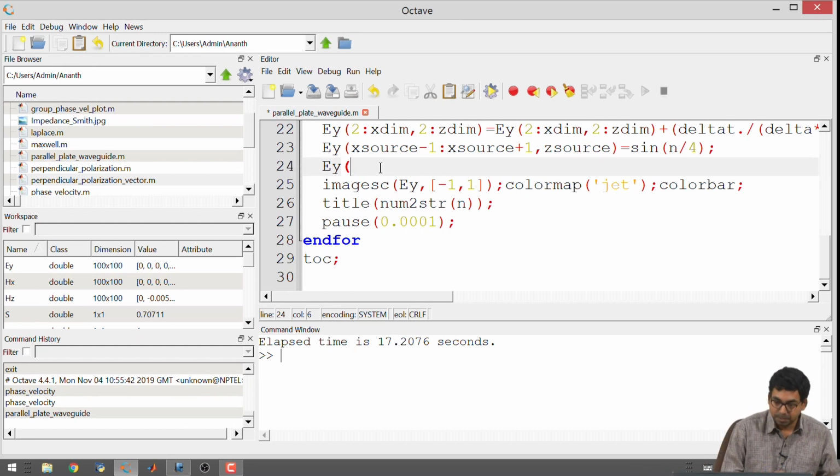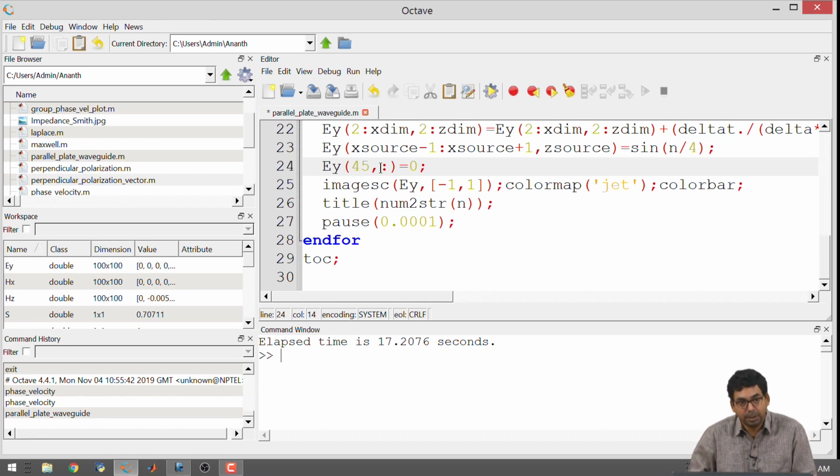So, I will just do 45, comma colon is equal to 0. So, at x position 45, at all points in y, I have made the electric field manually equal to 0, which means that according to the code, I have placed a conductor in this line.